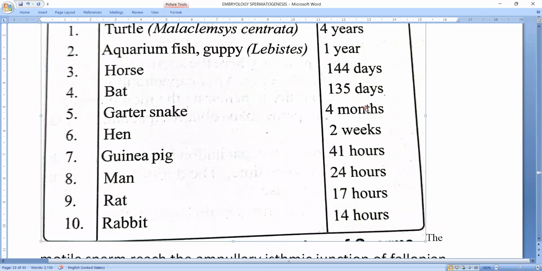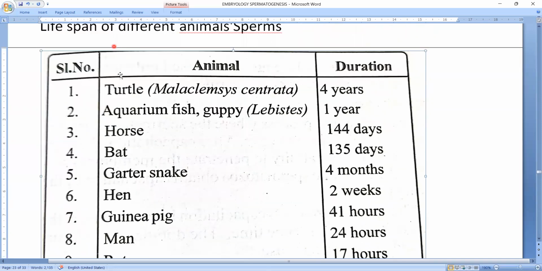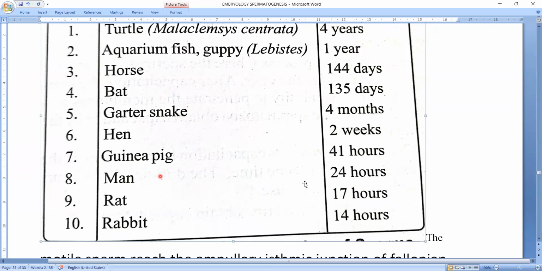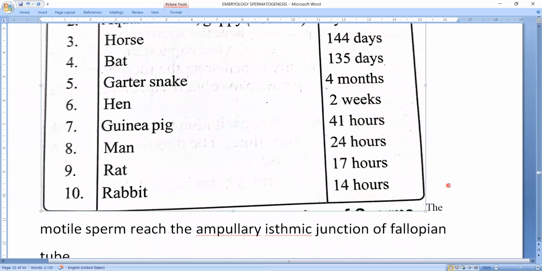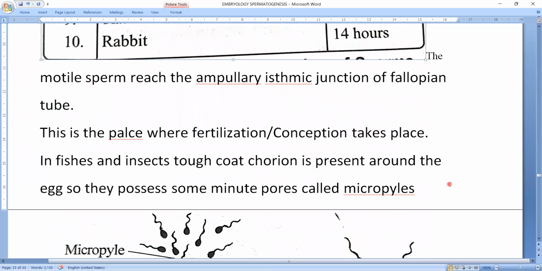Okay, and rabbit 14 hours, rat 17 hours, and 2 weeks. Yeah, okay, you remember these three: turtle, man, and rabbit. Okay, so anyway, that means the sperm can live up to 24 hours after insemination.